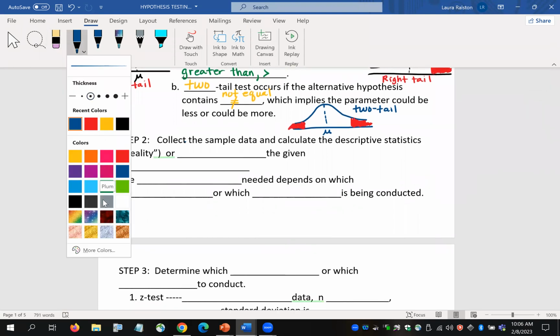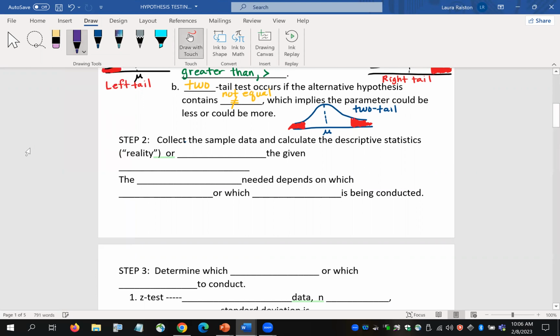The second step then is we would go out and collect the data. We would actually collect the sample data and calculate the descriptive statistics ourselves. That's the reality if we were doing it in the real world. For this course, I don't have time to send you out to collect the data. So you will be given the information that you need to work the problem in the scenario.